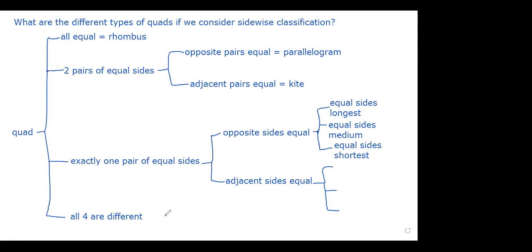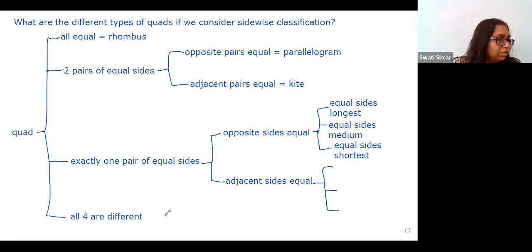3 equal. Yes, 3 equal and the 4th different. Okay, so that's another type that we need to include. 3 equal sides. Now, again, this is going to be very similar to the acute isosceles case.